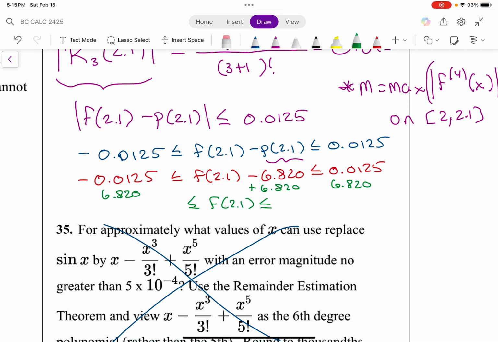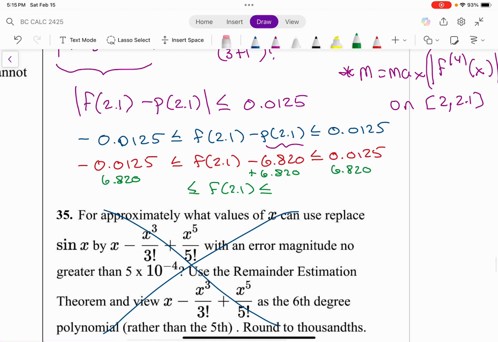So let's see, once I do the subtraction, I'm getting 6.8075. And on the other side, I would be getting 6.8325.